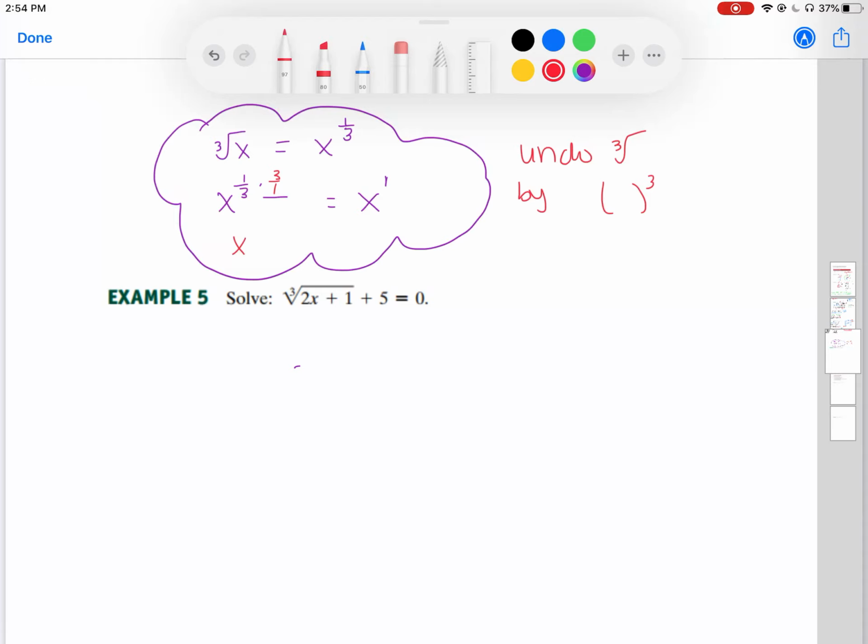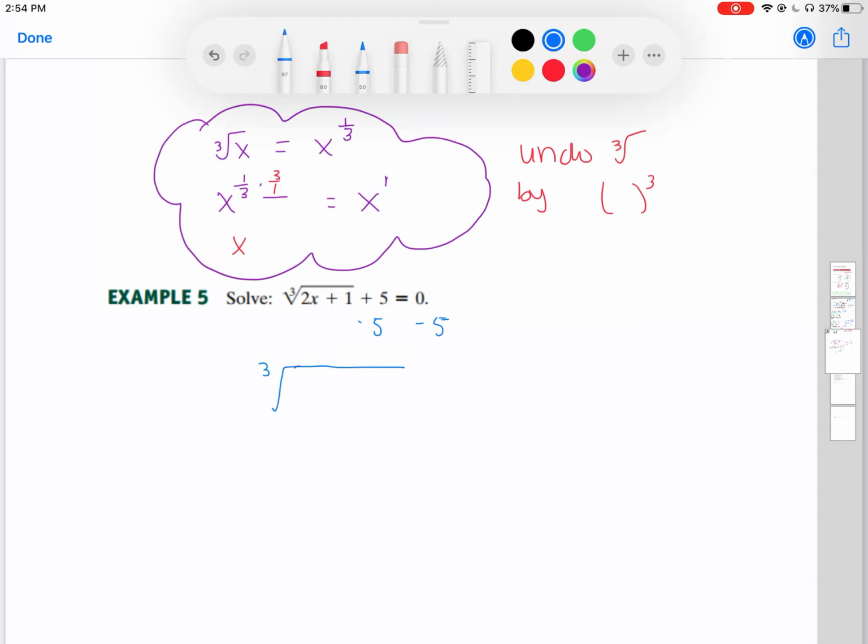So let's go ahead and do that. Let's take a look at example 5. We have the cube root of 2x plus 1 plus 5 equals 0. Let's go ahead and get that radical by itself because we have that 5 that's being added. So we have minus 5, minus 5.